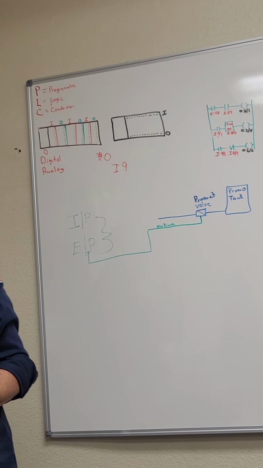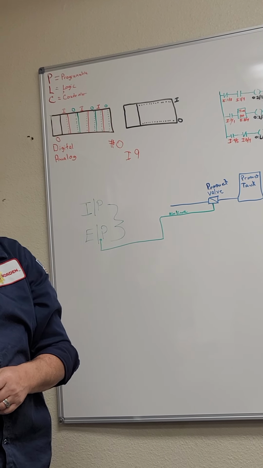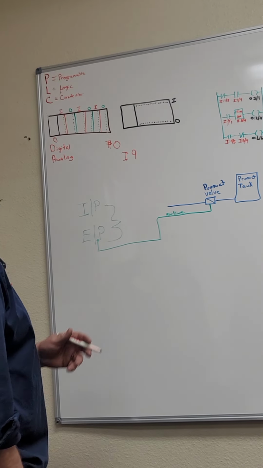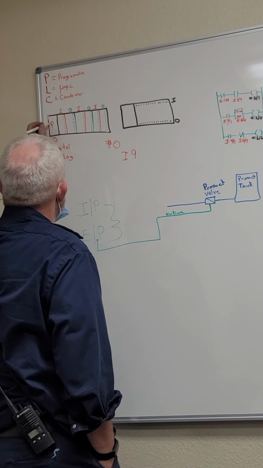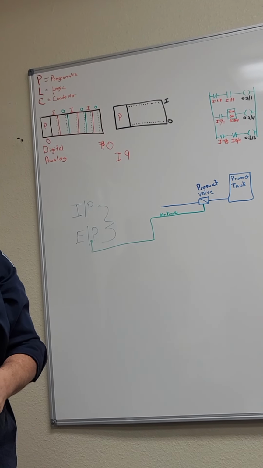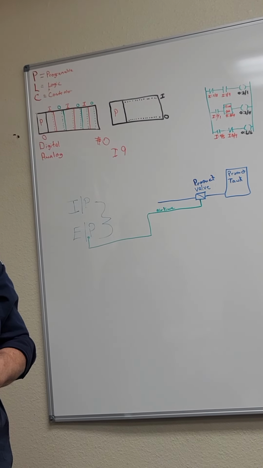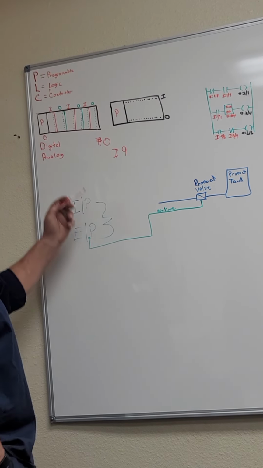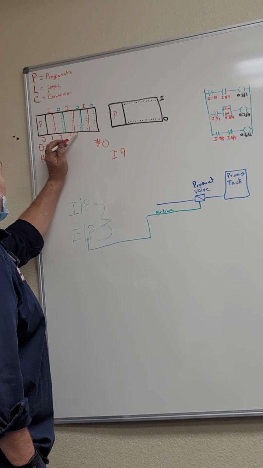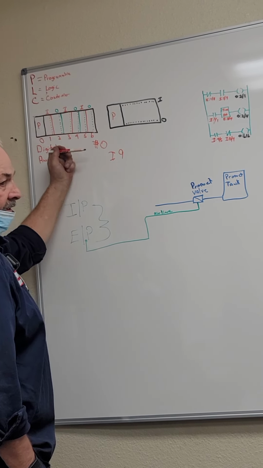What's the very first thing you have to have on a PLC? We've talked about it numerous times already in this conversation. What is always the first thing on a PLC? Your processor. Starts with a P. It's your computer. That's your processor. And it is always, always in slot 0. Now it's 1, 2, 3, 4, 5, 6, not 7.